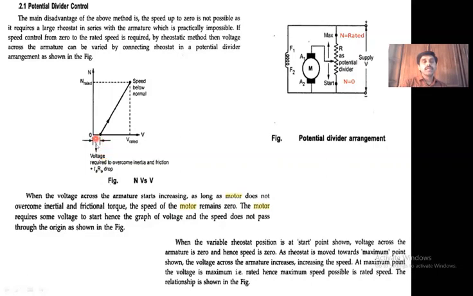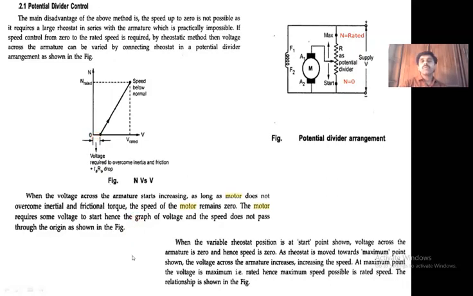In this case, the speed of the motor remains 0. The motor requires some voltage to start, and hence the graph of voltage and speed does not pass through the origin.